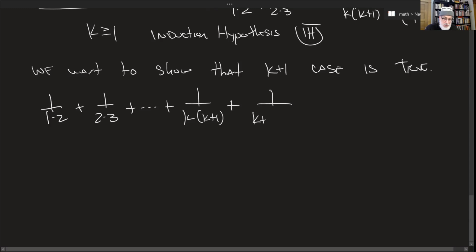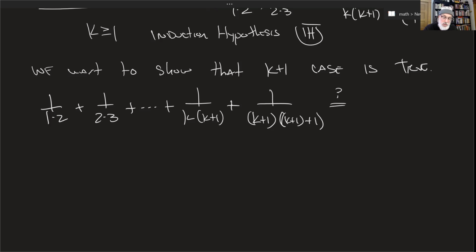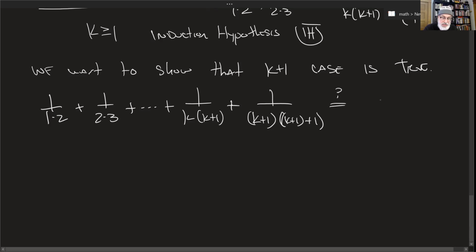So this becomes k plus 1. This becomes k plus 1 plus 1. And we're hoping this is equal to, put a little question mark because we're not sure. This is what we're trying to prove. So it would be wrong to say that this is equal. Now I'm going to replace the k over k plus 1 with k plus 1 over k plus 1 plus 1.